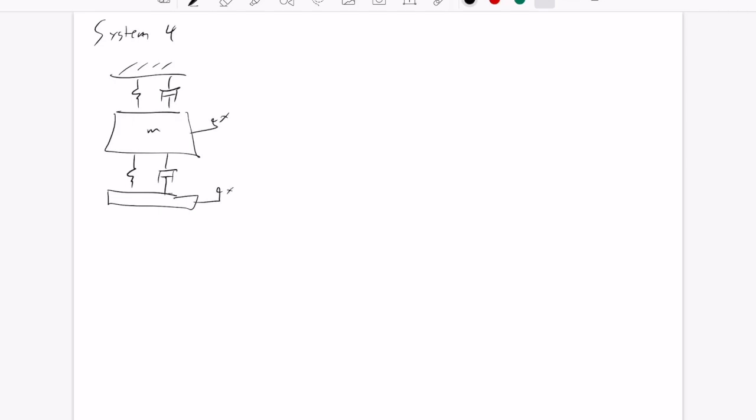So system 4 is supposed to be an even more generic system, something closer to a real life system where you have inputs y, mass x, but also some parts of your system that aren't inputs.